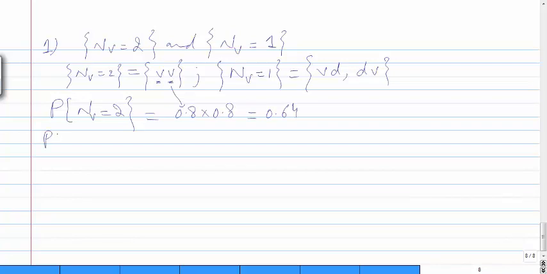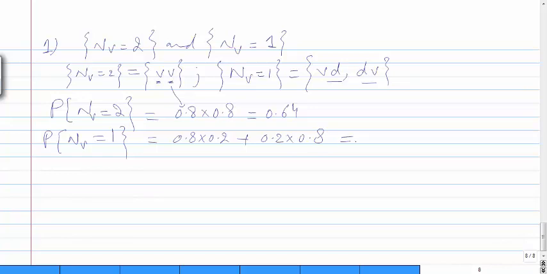Similarly, the probability that NV is equal to 1: we have two outcomes, so we write the probability of both of them. As we know that the probability of D is 0.2, it becomes 0.8 times 0.2 plus 0.2 times 0.8.